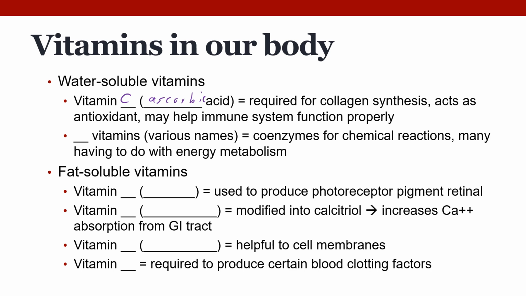The other category in the water-soluble world is B vitamins. There are a number of different B vitamins. They have various names, like riboflavin and niacin. They tend to be coenzymes for chemical reactions, many of which have to do with those energy metabolism reactions we've been talking about on the previous several pages.